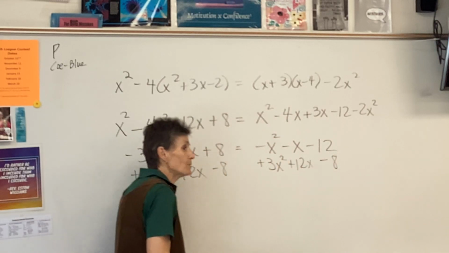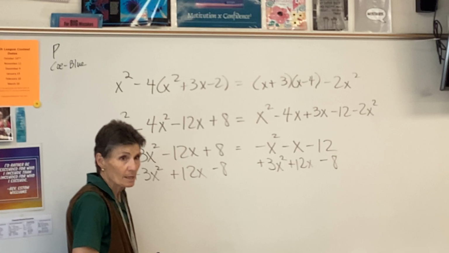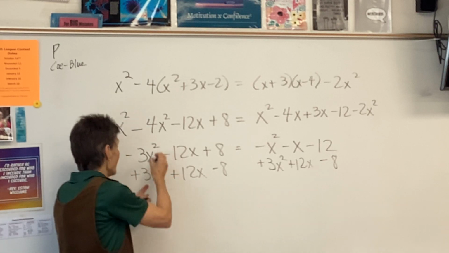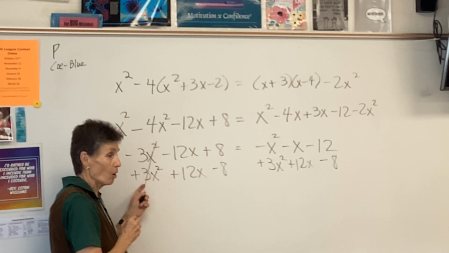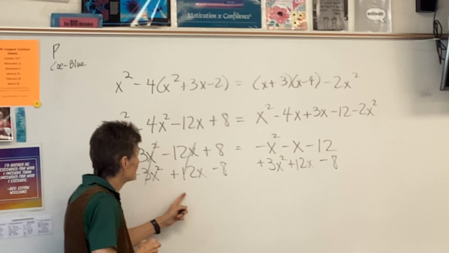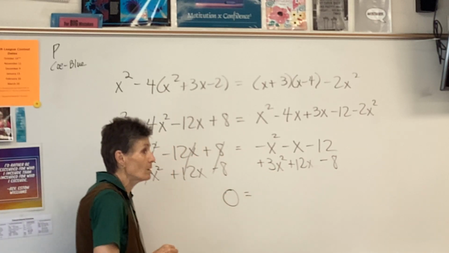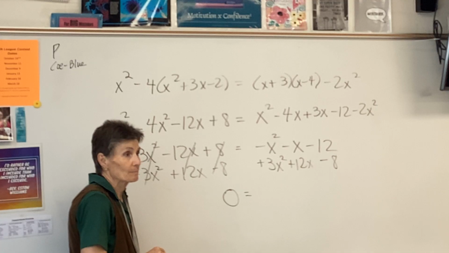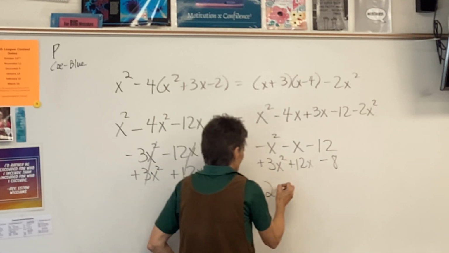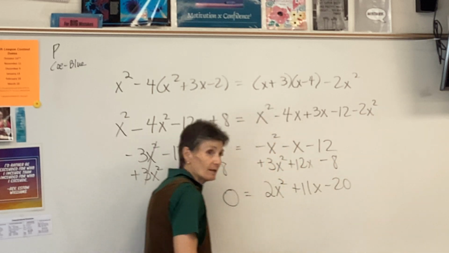Now you can do that in individual steps if it's easier for you. I did it all at once. If I add 3x squared, that's 1. If I add 12x, that's gone. And if I subtract 8, that's gone. And now I have the 0. So what do I have? 2x squared plus 11x minus 10. That's what I got, right there.